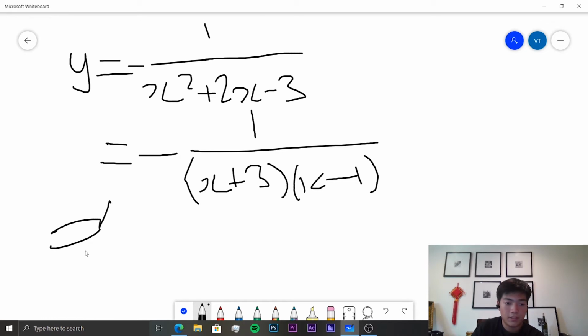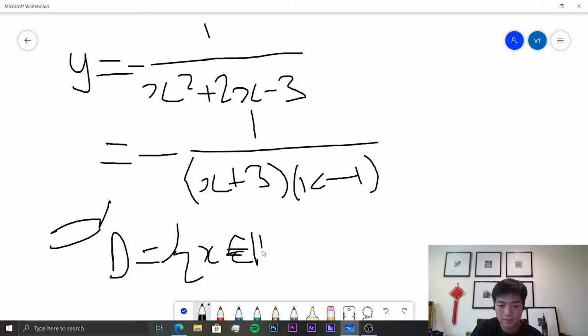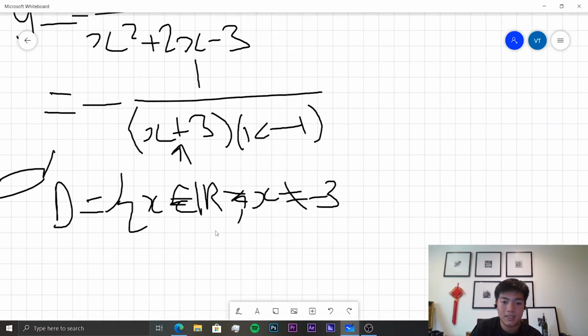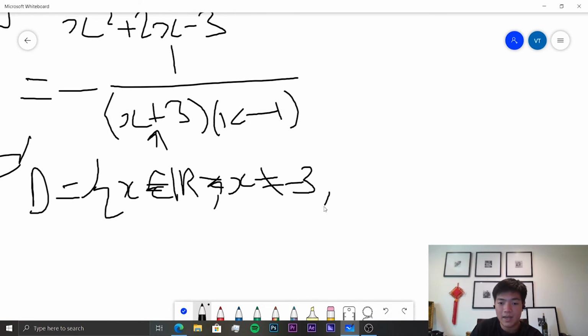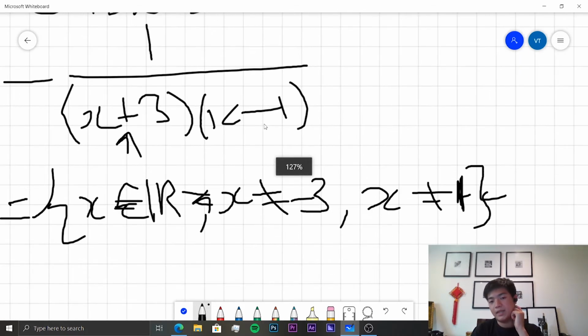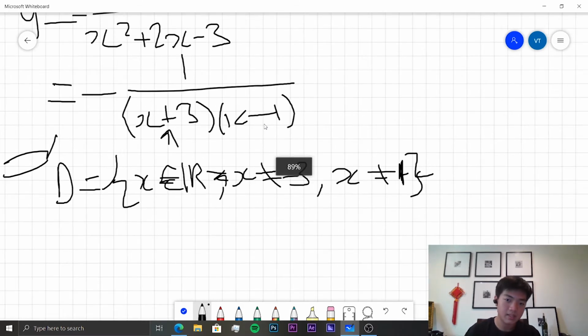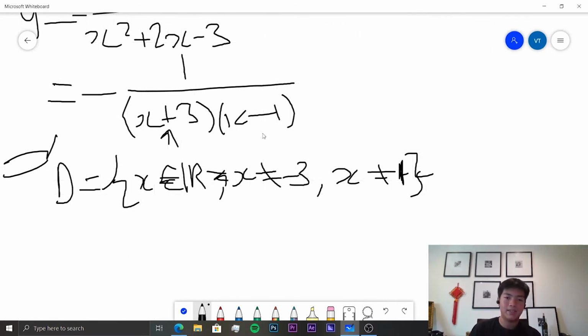And so the domain would be when x is a real number and x is not equal to negative 3, since if x equals negative 3, the entire denominator would be 0. And also x is not equal to 1, since when x is equal to 1, that denominator would be 0. So of course you have your vertical asymptotes at x equals negative 3 and x equals 1.